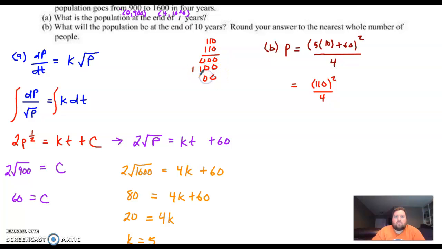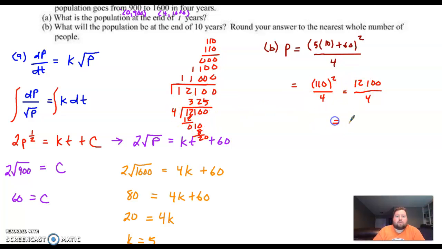110 times 110 is 12,100. All right, and then if we divide that by 4, 4 goes into 12 3 times. 4 goes into 10 2 times. 4 goes into 25 times.